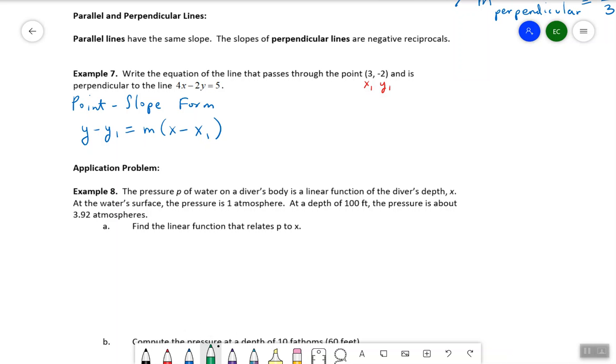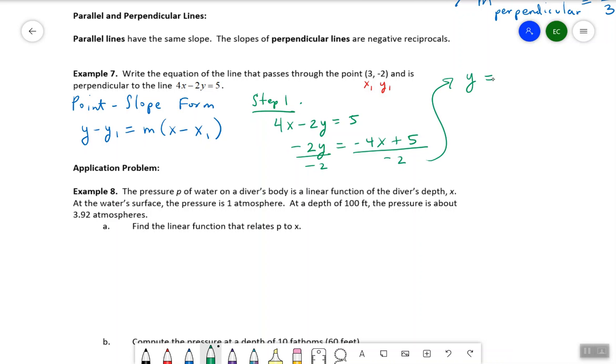So let's do that. So step 1, let's take 4x minus 2y equals 5, and let's solve for y. Minus 2y equals -4x plus 5, and then when you divide by -2, you're going to get y is equal to positive 2x minus 5/2.